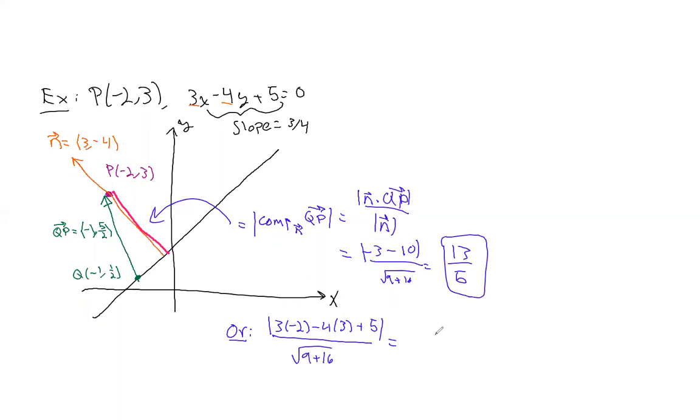And that still is going to come out to 13 over 5. But I just wanted to point out that you can do this either way, either the algorithmic, straightforward approach, but I want to emphasize the geometry of what's going on as we're doing all this as well, right?